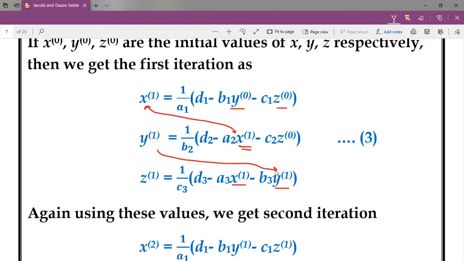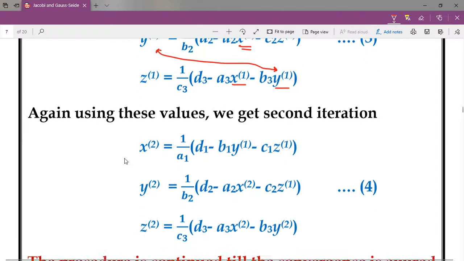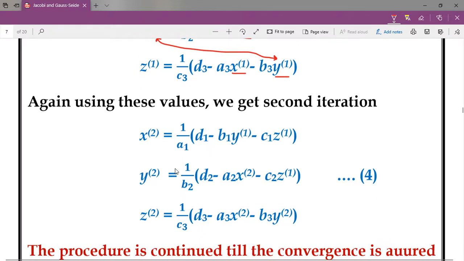So the only difference is you use the latest root in the Gauss-Seidel method, whereas initial values are used to find all x1, y1 and z1 in Jacobi iteration method. So next steps, everything is same.